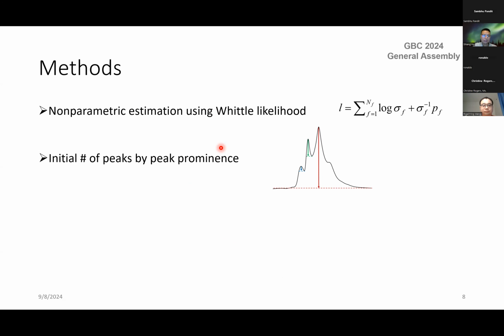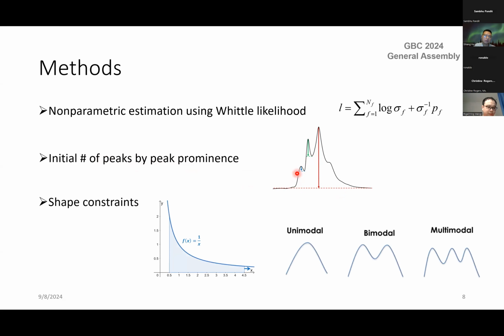And we need to solve the problem for EM, as the starting point is to define the initial number of peaks. We solve this by checking the peak prominence, for which you may use the built-in function in MATLAB or Python, or available in other packages, called find peaks. And the natural shape characteristics are shape constraints for the background spectra.